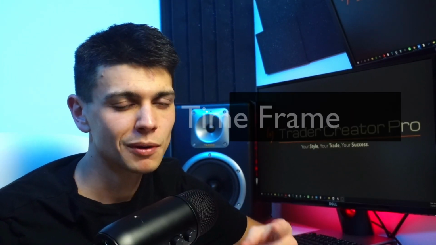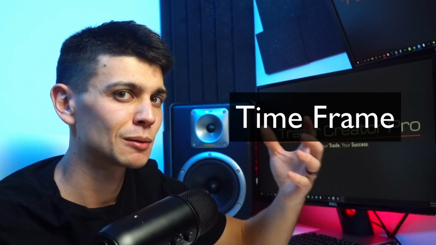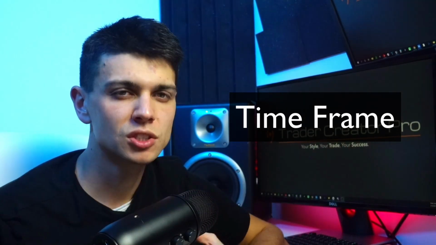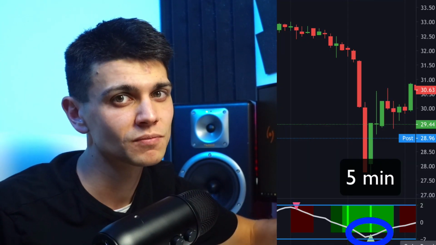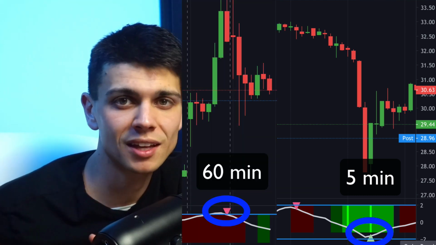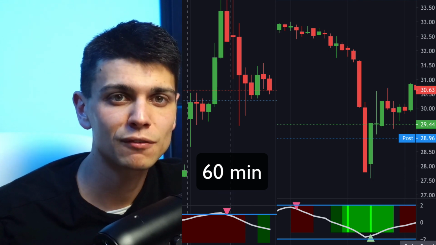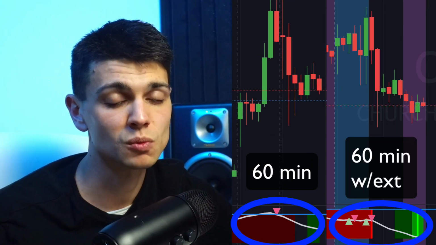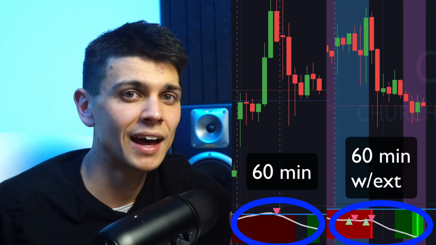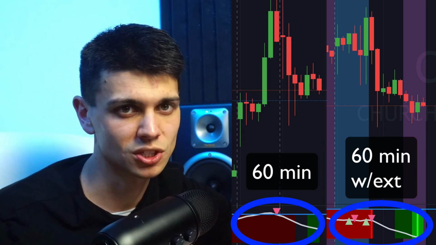Remember, indicators are just math equations, but your time frame might change what data is being put into that math equation. So if you get a certain signal on a 5-minute chart, the signal might look completely different on an hourly or daily chart. Your indicators will likely be affected if you are showing extended hours as well, because then it will add the extended hours data into the math equation.